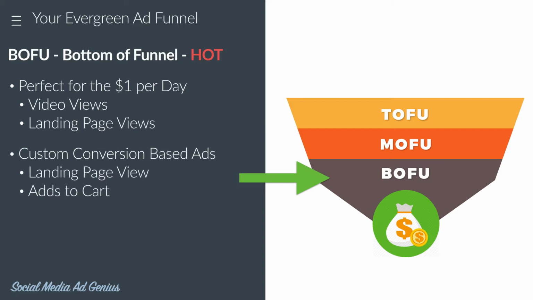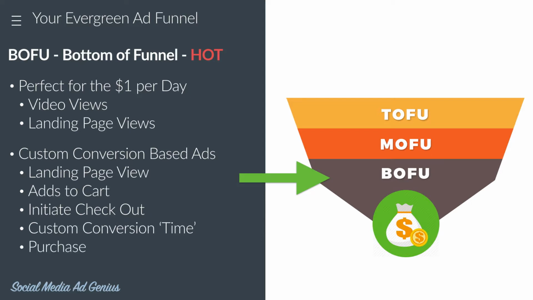Again, you have the landing page view that you can optimize for. That's a traffic objective, or customized conversions for add to cart, initiate checkout, custom time on page, for example, or purchase. Or of course, one of the things I love to optimize for is all of this right here, where you're going to see in the over the shoulder example that I'm optimizing for video views. Same creative, I'm optimizing in a couple of different audiences for landing page views.